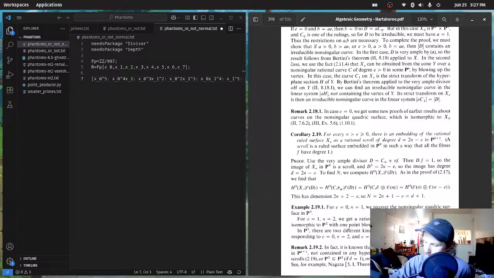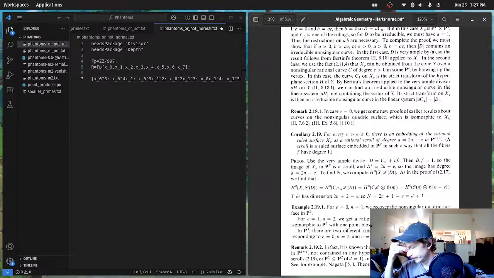Okay, we could try doing a degree 2 Veronese from P2 into P, what would it be, 4?